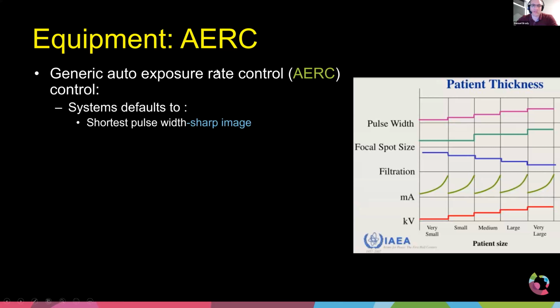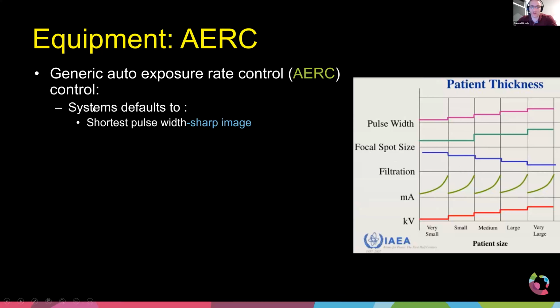The way the system works with the AERC is it's always going to default. So it's got the small to large patient continuum. You can see how, as we go from a small patient to a large patient, each of these parameters changes. Some go up: KV, MA, pulse width, they all increase. Well, actually focal spot size too. Some decrease, which is the amount of filtration.